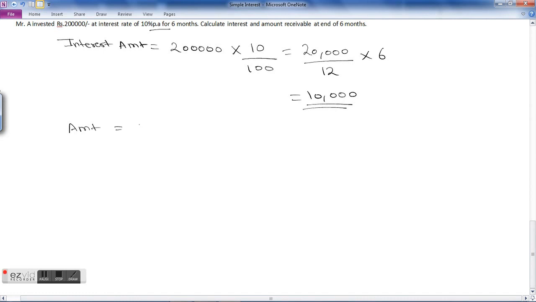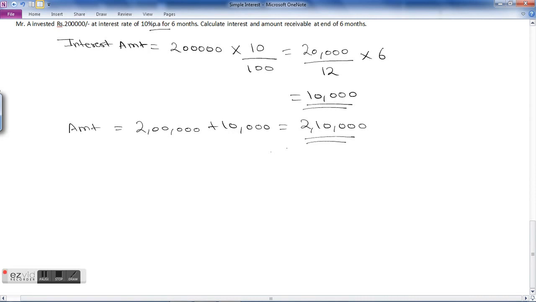It is your principal plus interest, that is amount invested plus the interest. So 2 lakhs plus 10,000 comes to 2 lakh 10,000. This is the amount that will be received by Mr. A at the end of the 6 months.